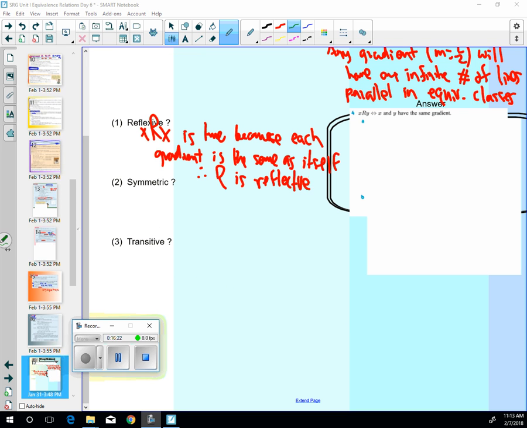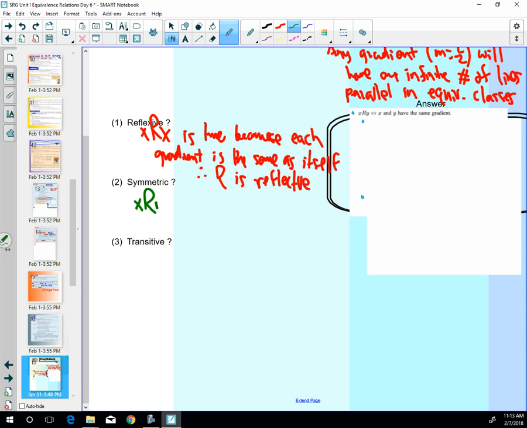If X R Y, then Y R X. If X has the same slope or gradient as Y, then what?